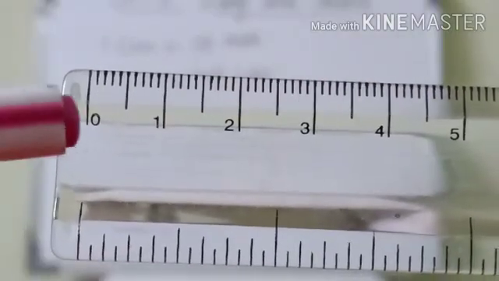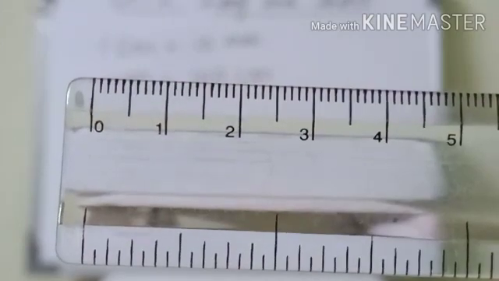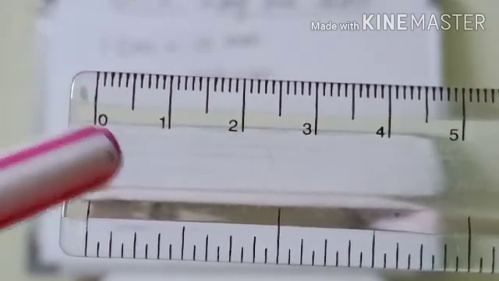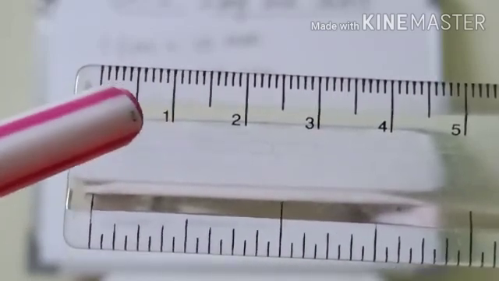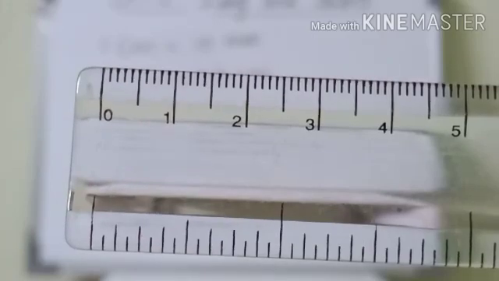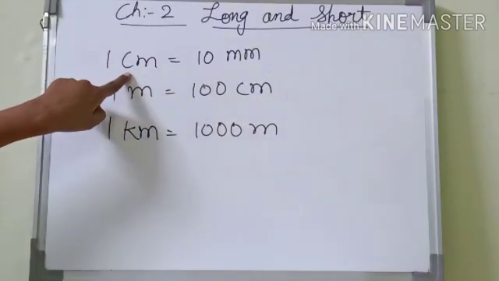See this scale, these numbers are showing the centimeter. See this 0 to 1, how many lines are there? 10. So these 10 lines are showing the millimeter. That means 10 millimeter will make 1 centimeter.